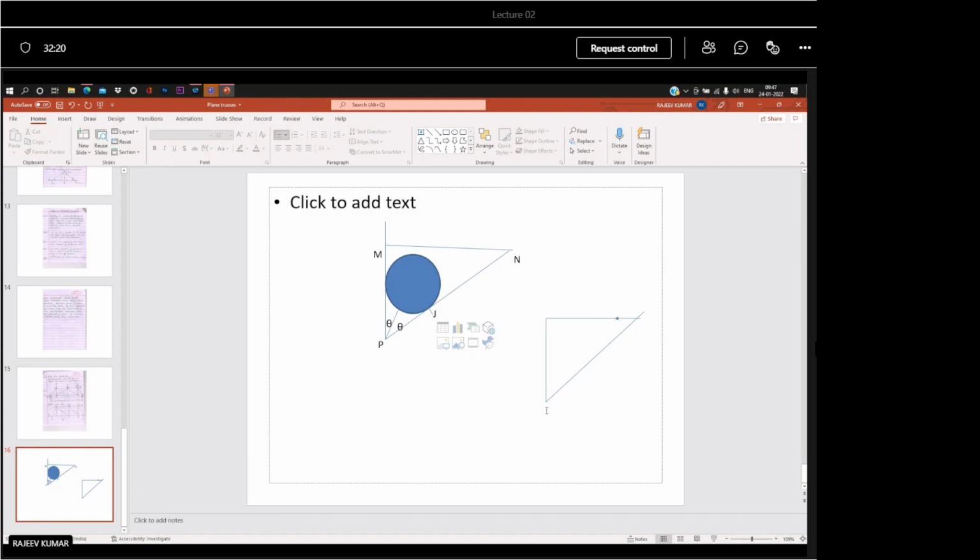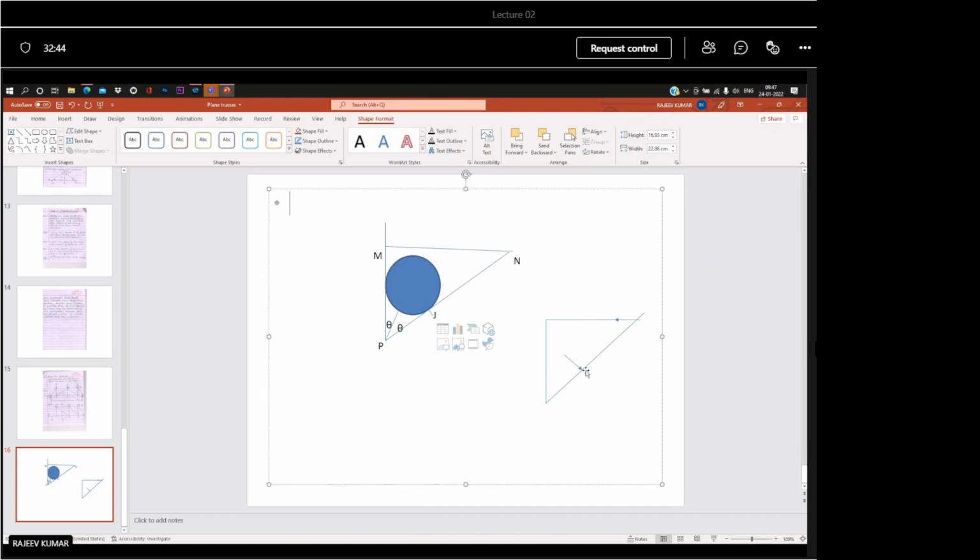Write this N, this is P, this is M, and this is T, because tension is acting in this one direction. This PN length is 57 centimeter, and RJ is acting here, perpendicular to this direction, right here. Here J point you write.